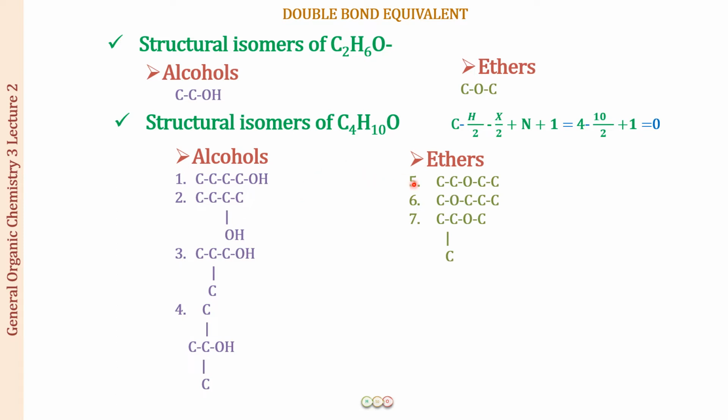So again, there are going to be 3 ethers possible on either side of oxygen: 2 carbons on one side and 1 carbon on the other side, or 3 carbons, and the propyl you can also break into an isopropyl structure. So you will get 3 ethers and 4 alcohols for C4H10O, but no aldehydes and ketones are possible because the DBE value is 0. So there are going to be no double bonds present. Perfectly fine. Alright, let us move further then.